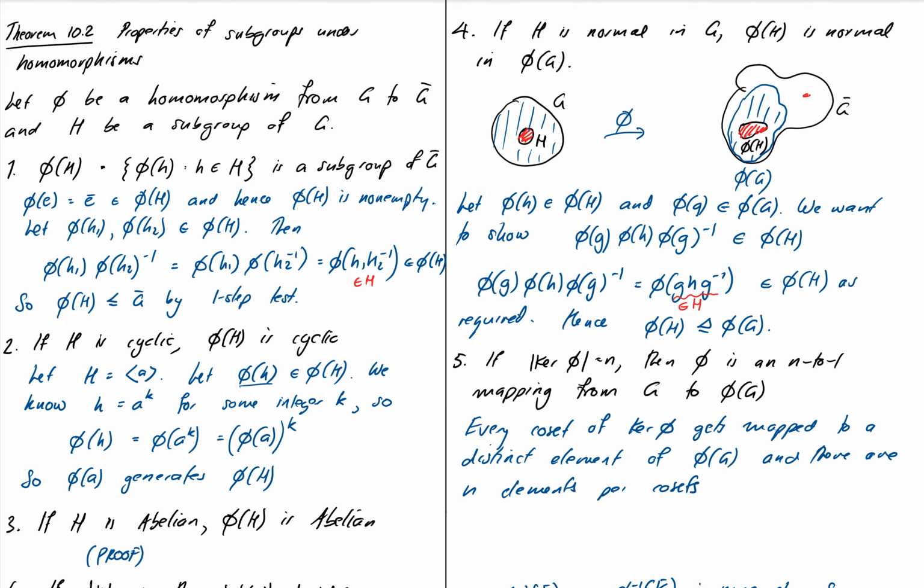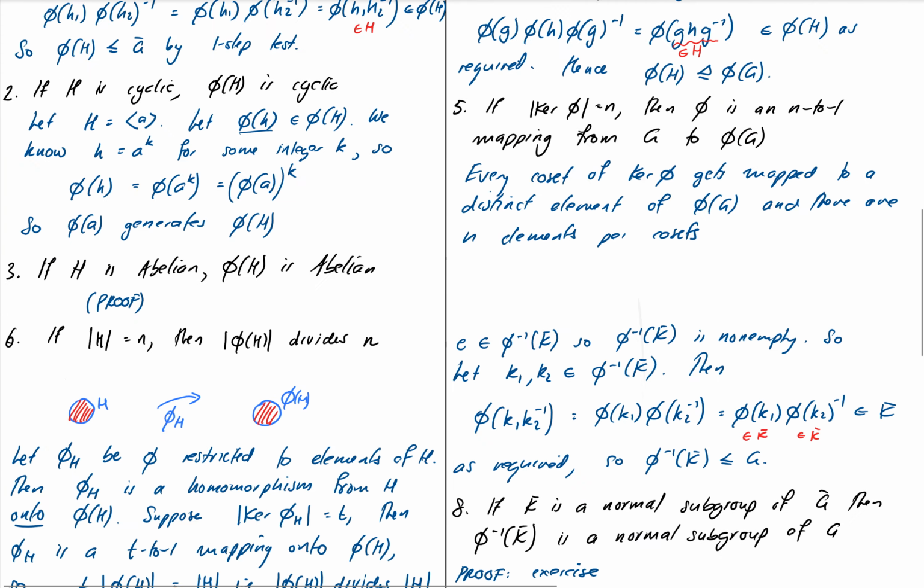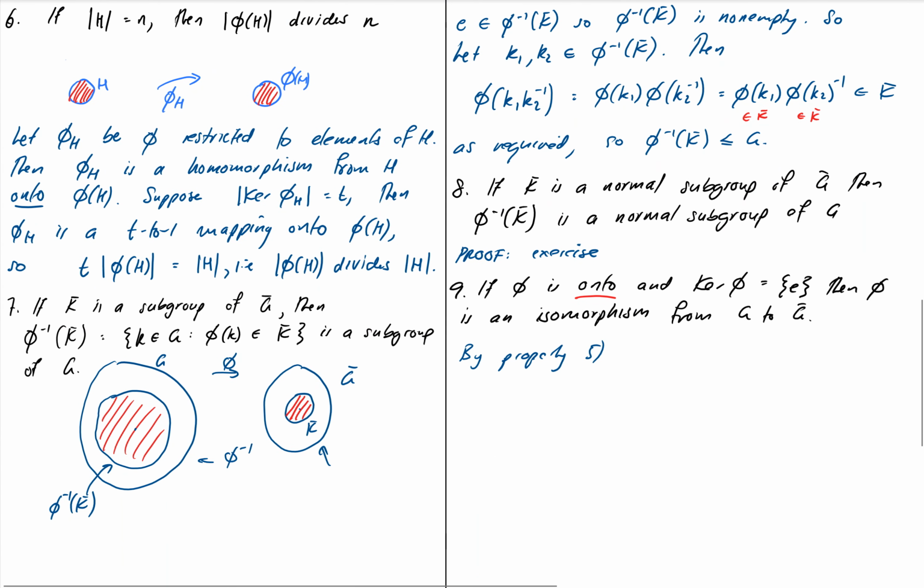So for us, the order of the kernel is 1, therefore phi is 1 to 1. Because the order of the kernel of phi equals 1, then phi is 1 to 1. And because it's also onto, as specified, therefore phi is an isomorphism.